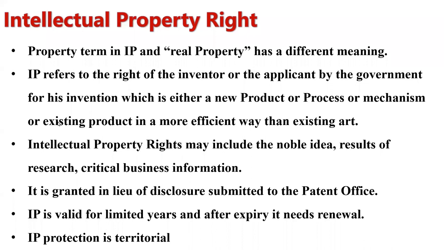So we are talking about some invention, and this invention can result in a product, or it can be a process, or it can be a mechanism, and it can be an invention of the existing art. Intellectual property rights include novel ideas. They can be results of research, or critical business information. I will elaborate more in further slides.